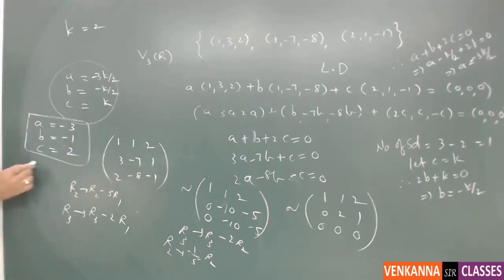In other words, a is equal to 3, b is equal to 1, c is equal to minus 2. So if you substitute these values in the equations, they will get satisfied. So you have found non-zero scalars A, B, C such that the result of the combination is 0. Therefore, the given set is a linearly dependent set.